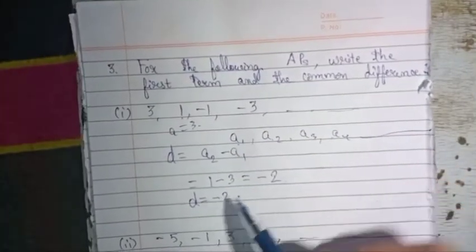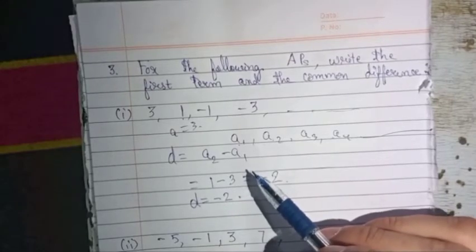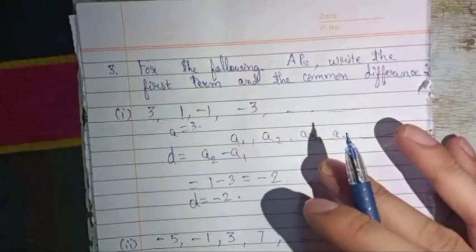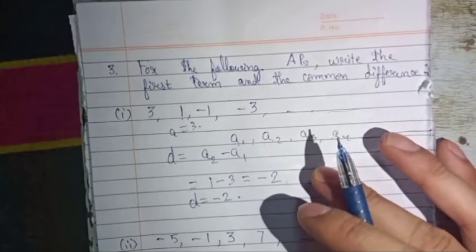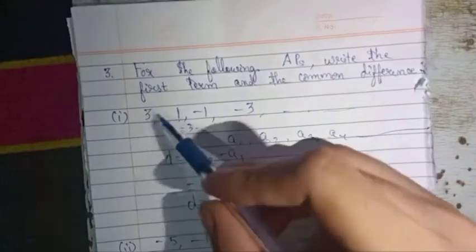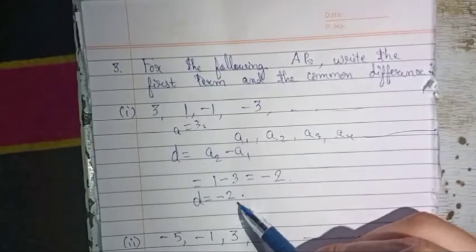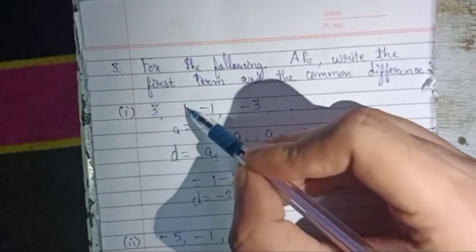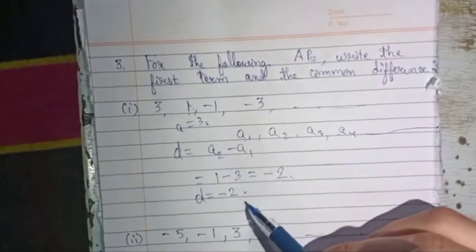Whenever the common difference is negative, the series is getting decreased by each step. That means the first term is 3 and the common difference is minus 2. How did we obtain it? We just subtracted the first term from the second term, that is 1 minus 3. 1 minus 3 is minus 2, so the value of d is minus 2.